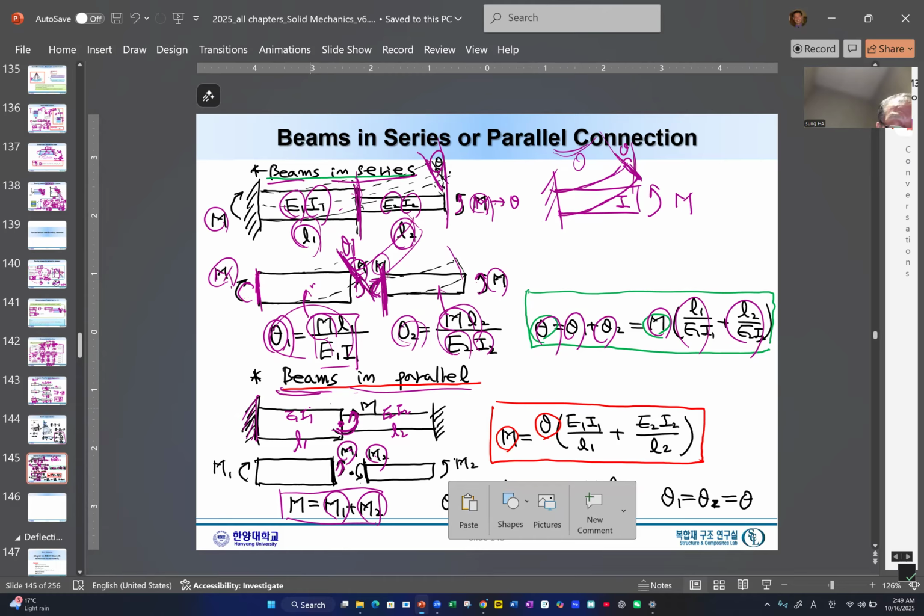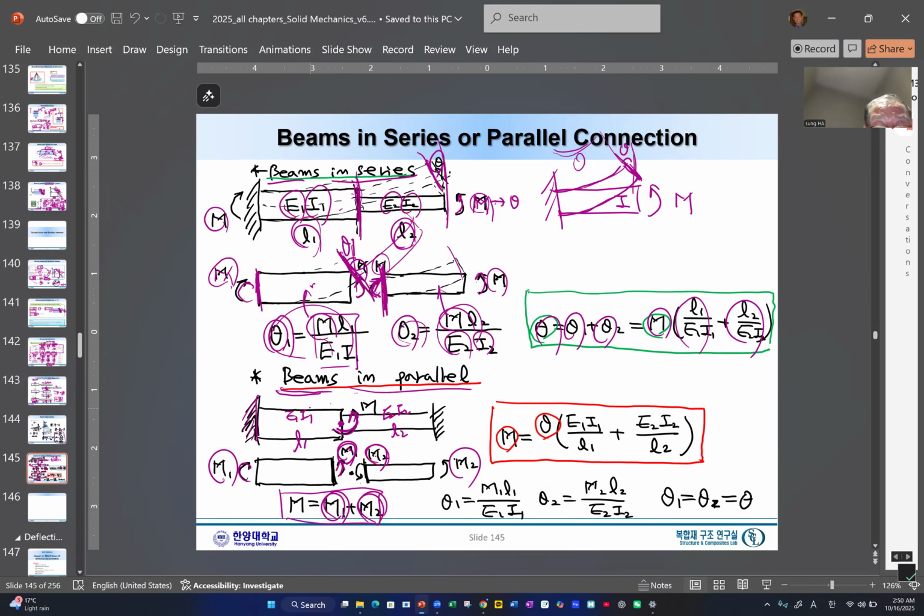But what we can see is that we just assume there is an M1 and there will be an M1 reaction. And M2, there will be M2. Okay. Now, very important point. Then how do we know M1 and M2?